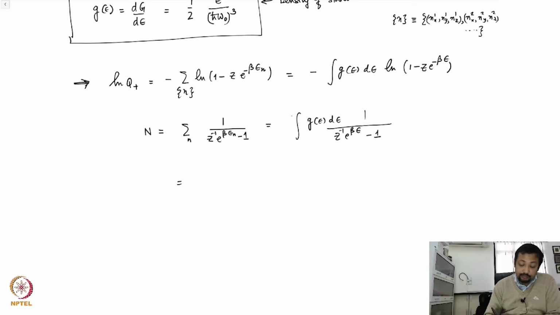That we plug in the expression for g(ε), which was ½ (1/ħω₀)³ times ε².